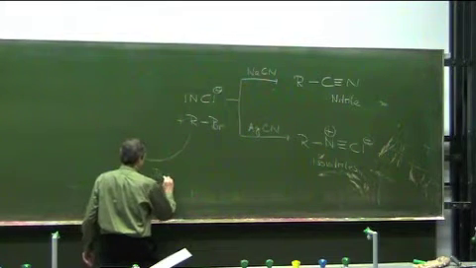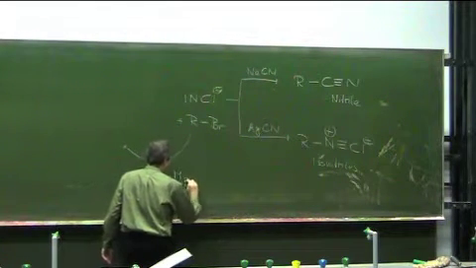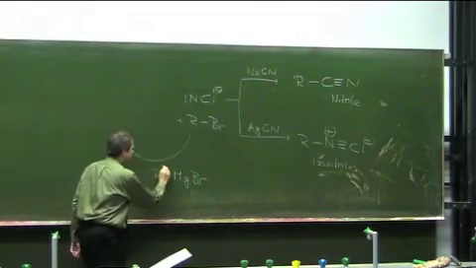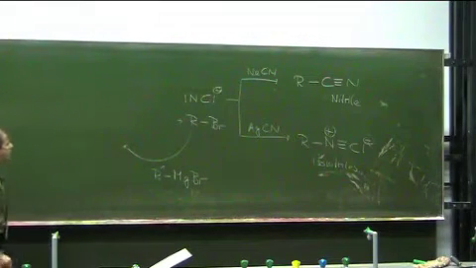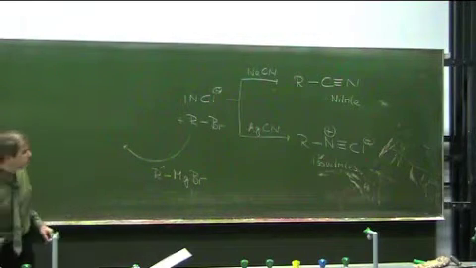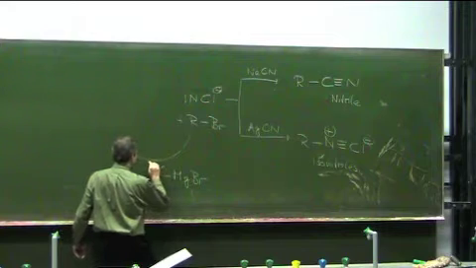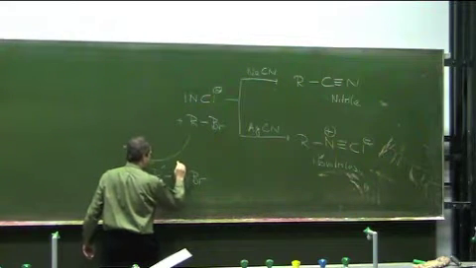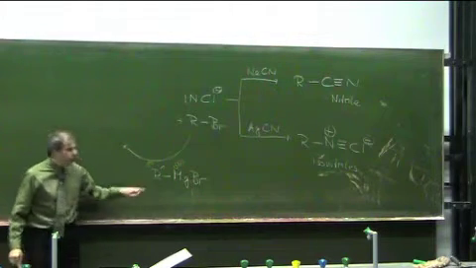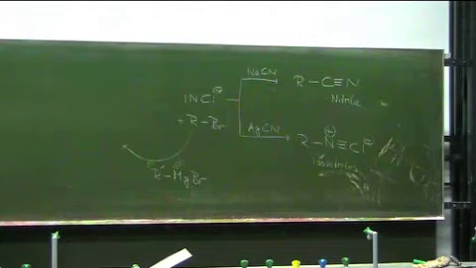And these are Grignard compounds. So my question is, the Grignard compound is also a very strongly polarized carbanion type alkyl group.